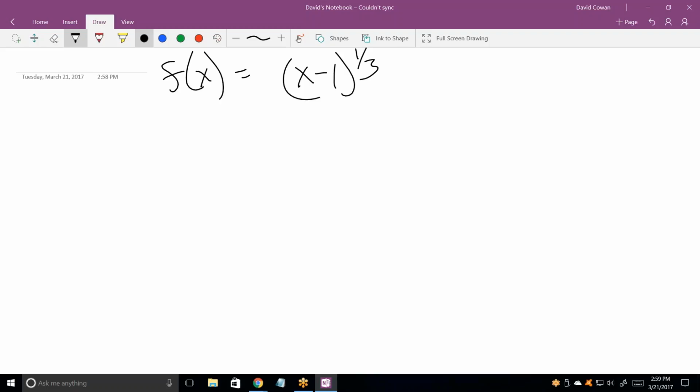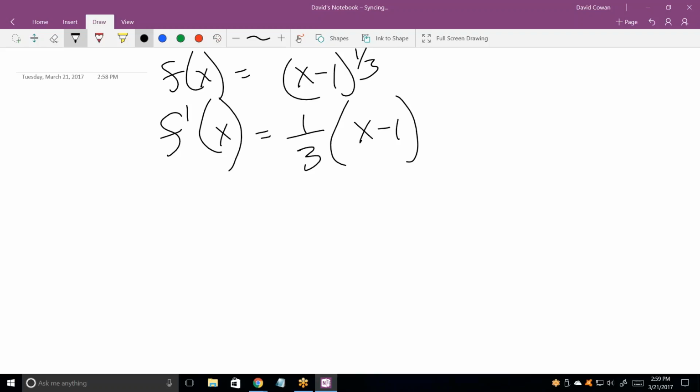All right. Anytime you have a calculus question and you don't know where to start, what's the first thing to do? Pick the first derivative. Yes, always. 98% of the problems that you're going to give me, that's always the first step. What's the first derivative of this? 1/3 times x minus 1 to the negative 2/3.